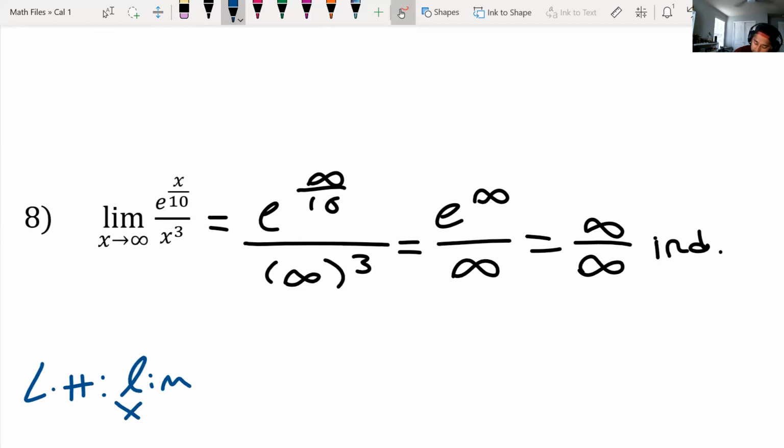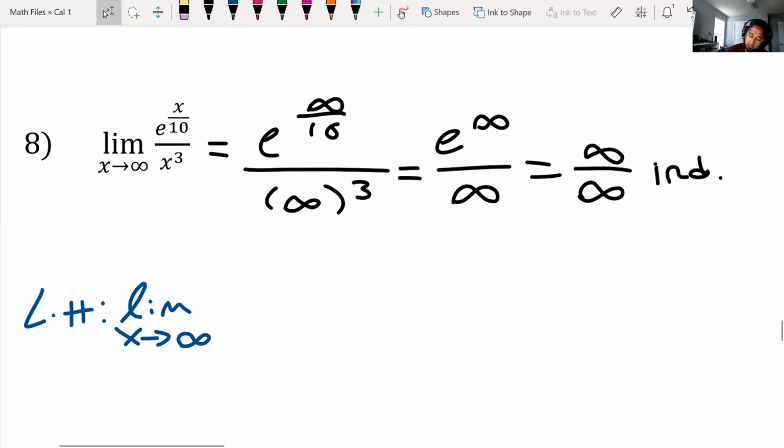And what is the chain rule derivative for e to the x over 10? I guess you can make it simple. What's the derivative of x over 10? 1/10. 1/10.